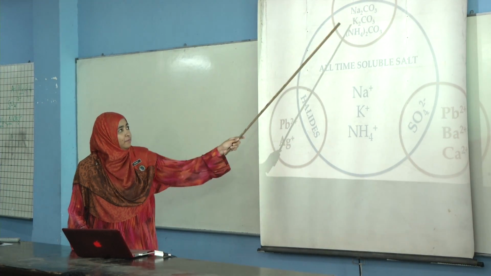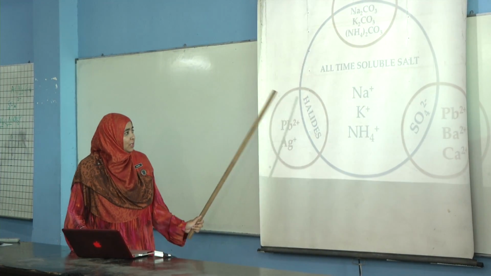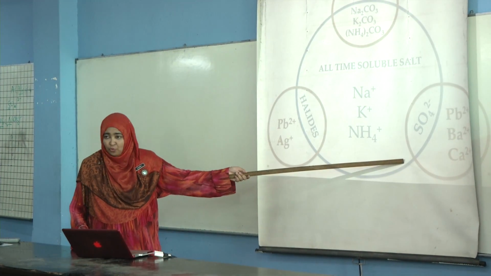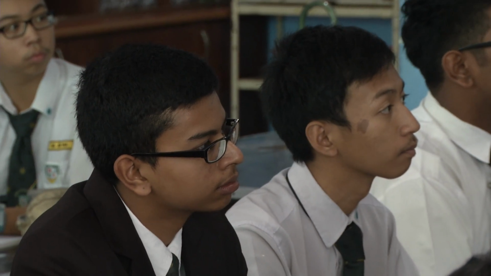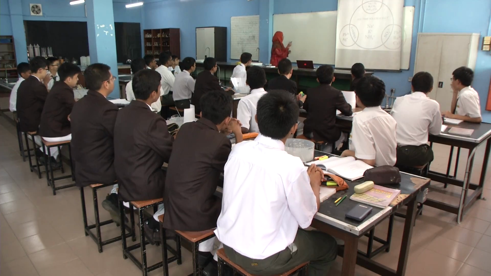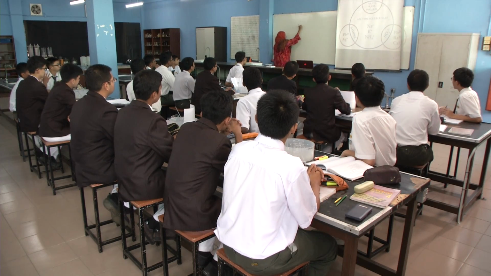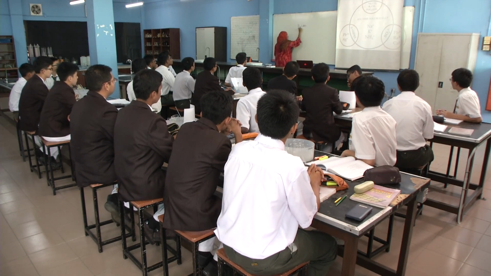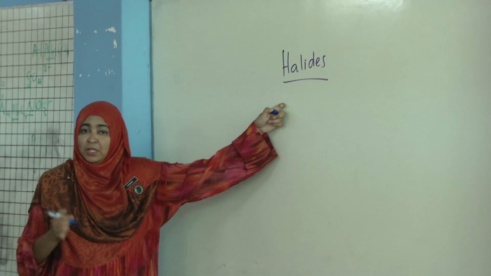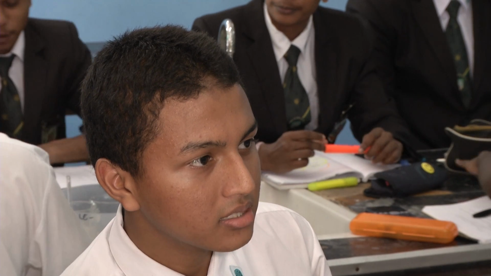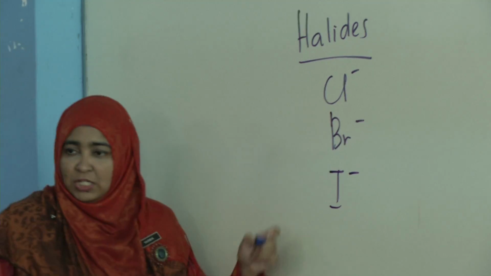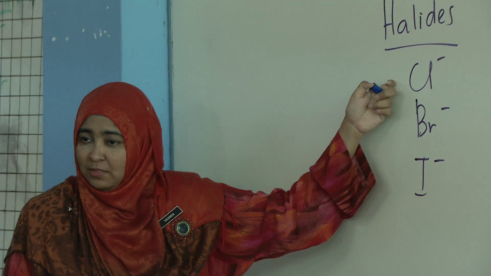Okay, and then we have another 2 salts, halides and SO4-. They are also soluble. Let's go to halides. Hanif, give me the 3 halides that we have learned so far. Br-, Cl-, I-. Okay, tell me what is Cl-?